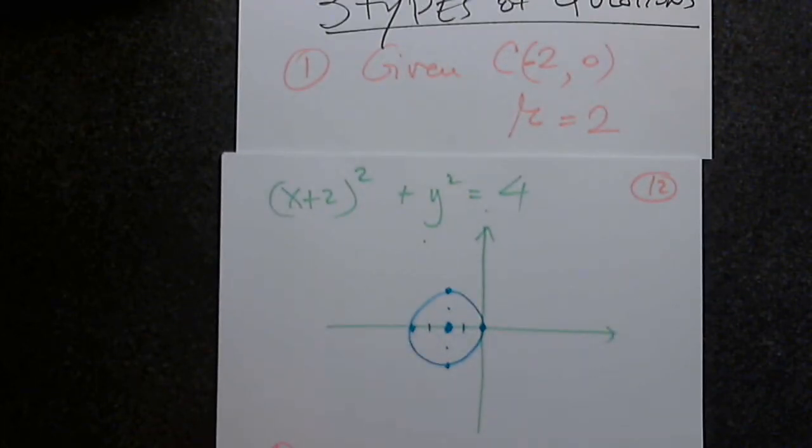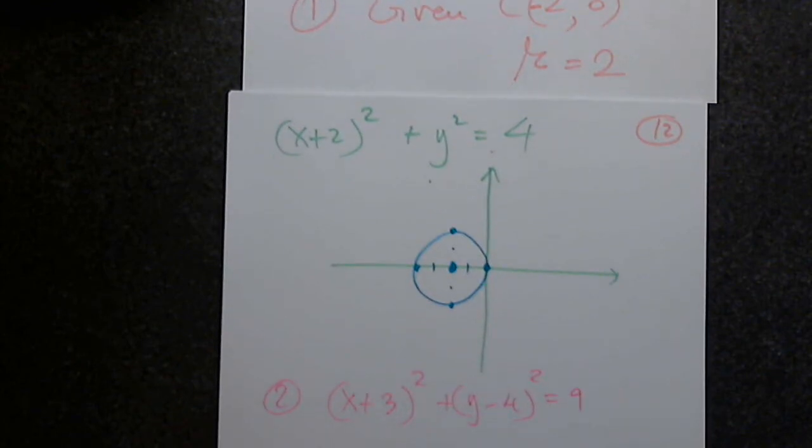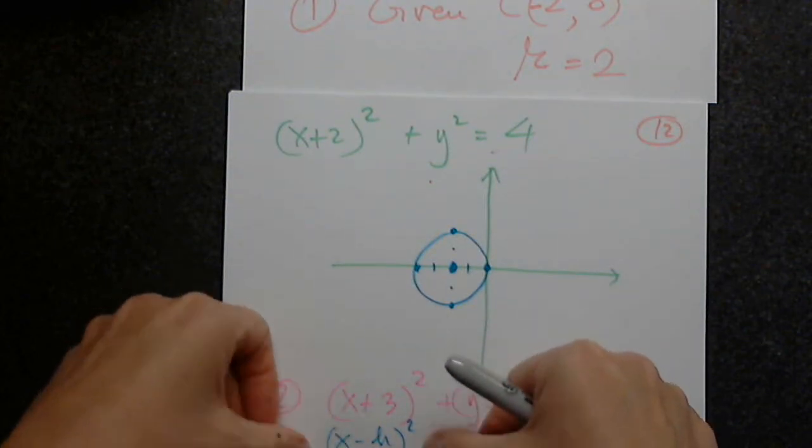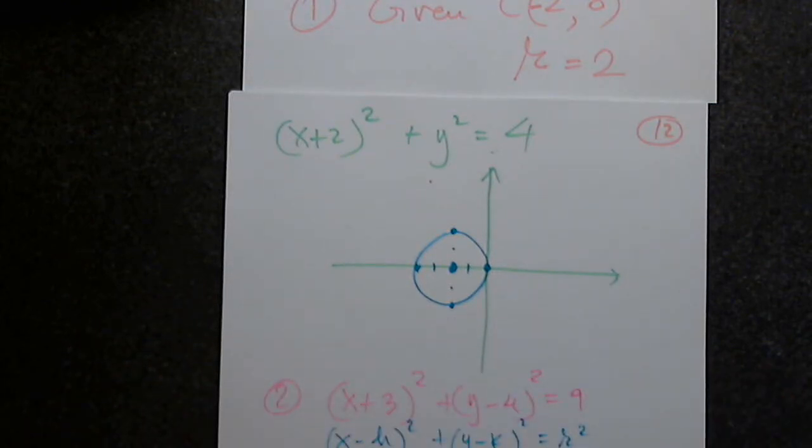Second type of problem, we are given (x plus 3) squared plus (y minus 4) squared equals 9. Question, is this the equation of a circle? It resembles a circle. Let's write the general form. Obviously, it's very clear: a perfect square with x plus a perfect square with y and a positive number on the right-hand side.